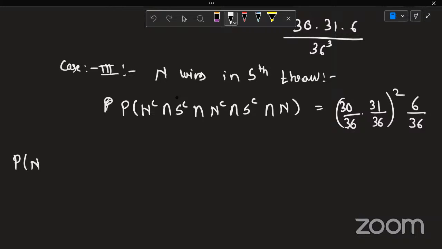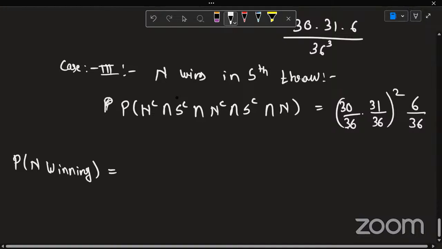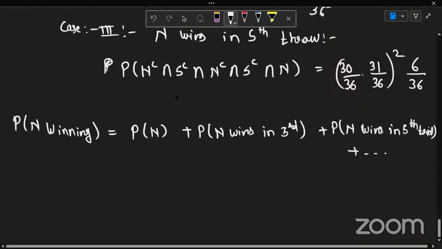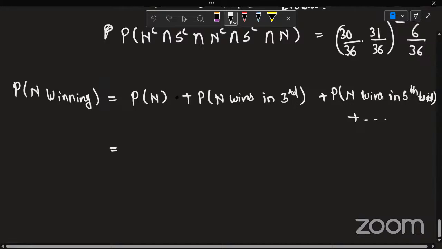Probability of N winning is nothing but this: she wins in the first trial, or she wins in the third trial, or she wins in the fifth trial, and so on, and it goes on. Once you write it, you will find something common there.